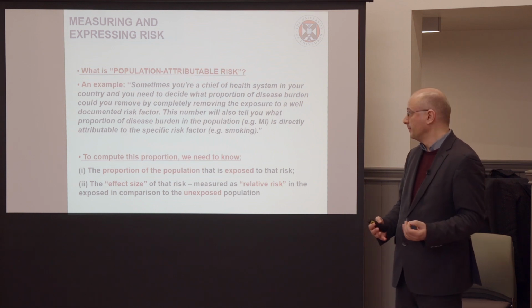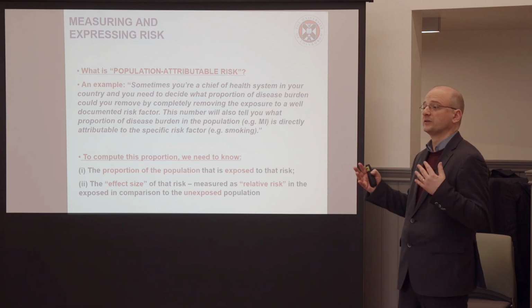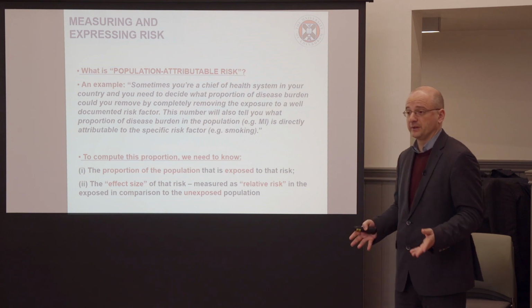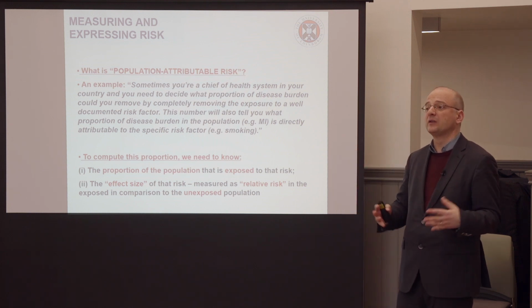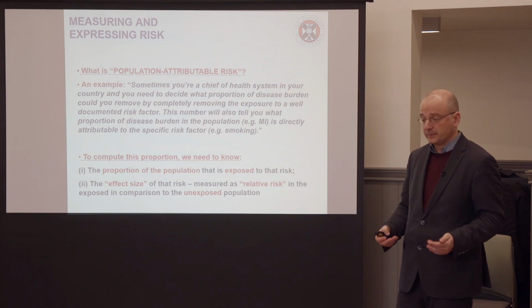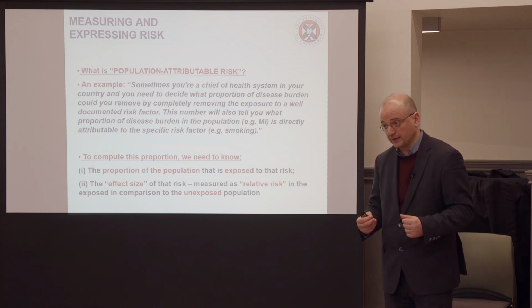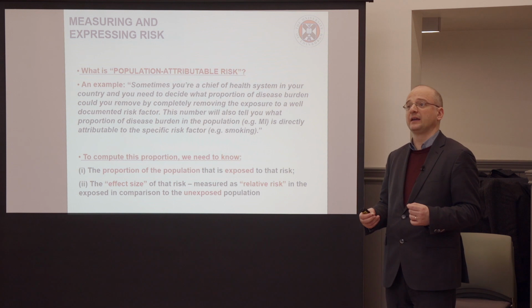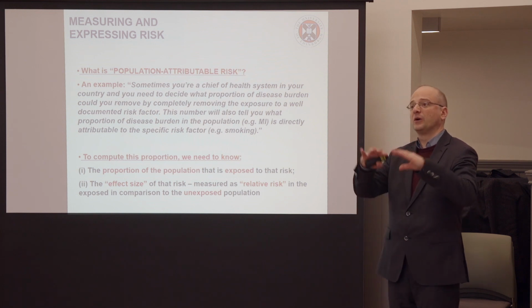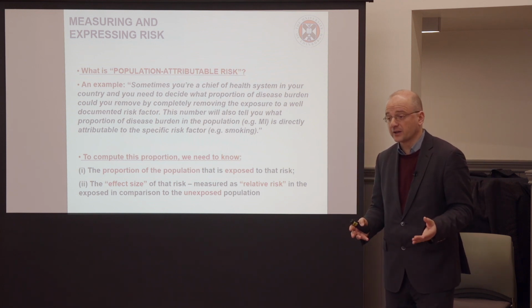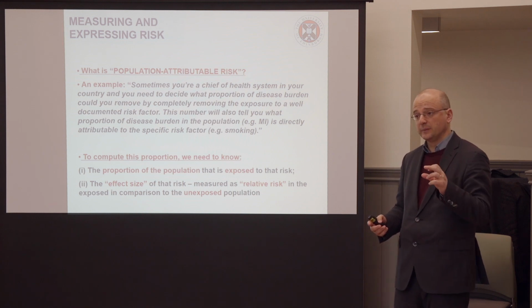So, for example, if you know that smoking can cause myocardial infarction, but you know that it's only one of the more than 200 or 300 established risk factors for myocardial infarction, you're interested in what specific contribution to the overall burden of myocardial infarction in the population you can attribute to smoking.